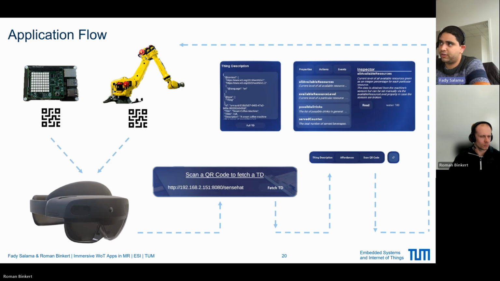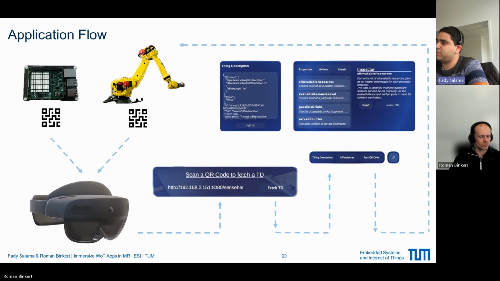You can see then the URL that is pointing to the resource, to the TD, and then fetch the TD, which then allows you to see that inspector view, which shows you the thing description on the left, all the properties and actions and events on the right, and you can then click on the certain interaction you want to have, and then you will see its name, its description, what kind of operations you can do on top.